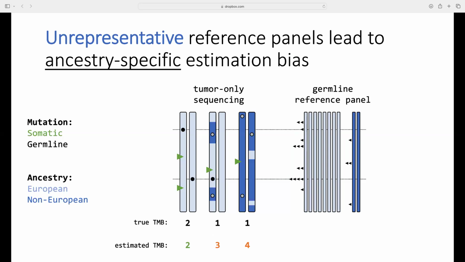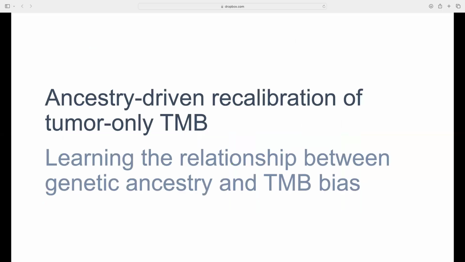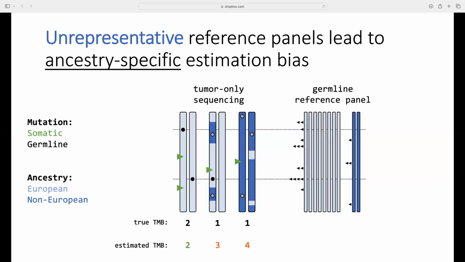And then you could imagine correcting for this problem by downsampling the European population here or collecting more data from non-European reference individuals. That's definitely a good thing to do, but you would actually need to collect even more data from non-European populations because of population genetics history.